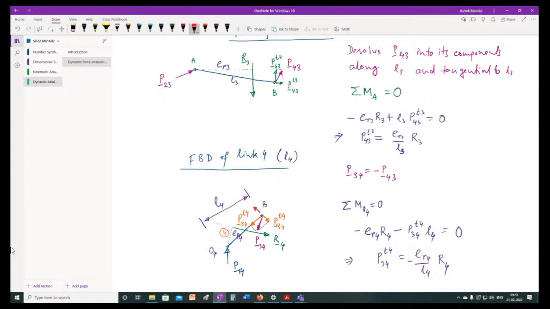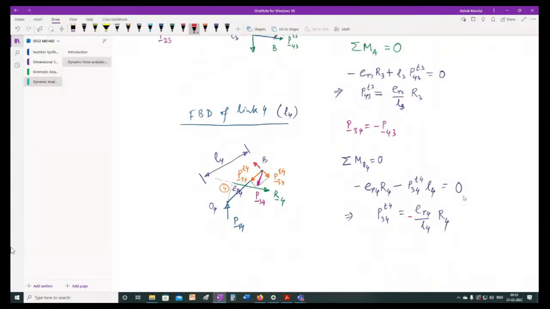Can I write this down? The actual force is P34. Here we have written P34 equals P43.